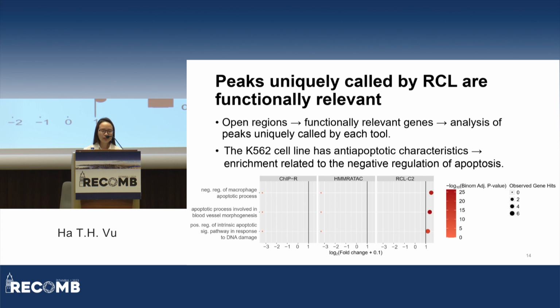On the graph, you can see that only RCL peaks are associated with genes enriched for apoptosis process, especially negative regulation of apoptosis process. This suggests that RCL is picking up on good biological signal, even if the peaks are not annotated by other label sets or called by existing methods.